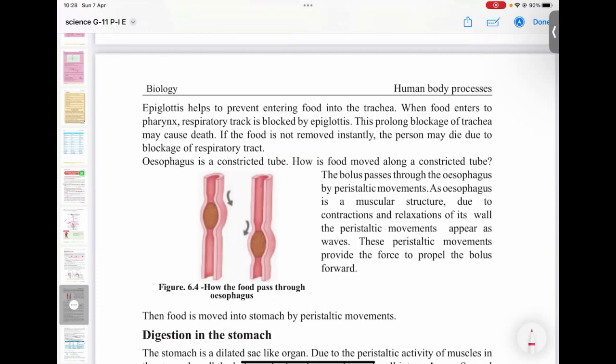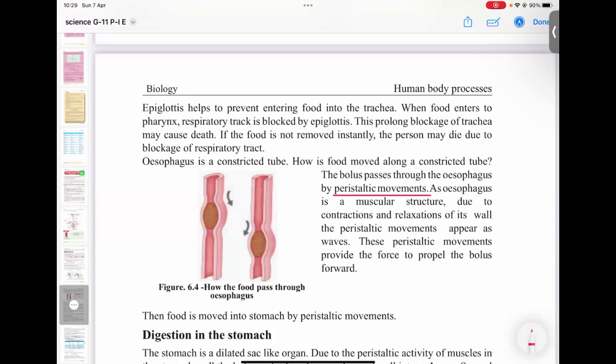The bolus passes through the esophagus by peristaltic movements. This is the important thing we should know here. The esophagus is a muscular structure. It has skeletal muscle. It also has smooth muscles. So this muscular structure can give rise to a peristaltic movement. What is peristaltic movement? It's like contraction, dilatation, contraction, dilatation, regulated by neural coordination.